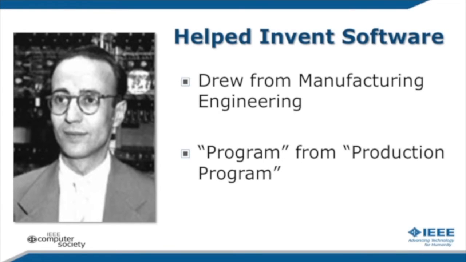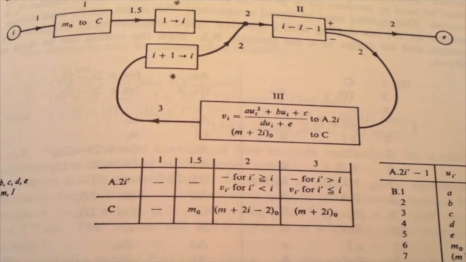You programmed a factory. You produced a program of production. In developing his ideas about programming, he borrowed the idea of the flowchart from production engineering. These charts were originally designed to trace how goods moved through a large factory. Goldstine applied them to software.